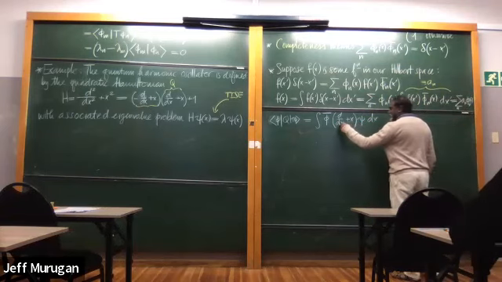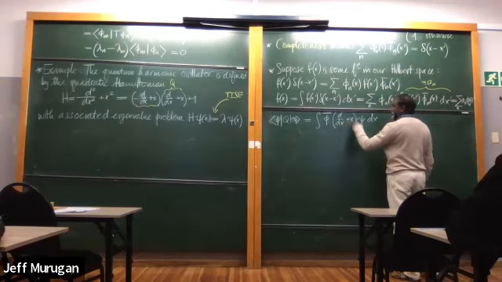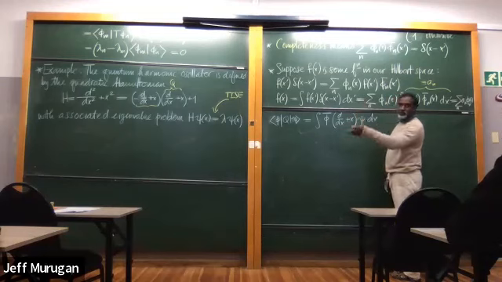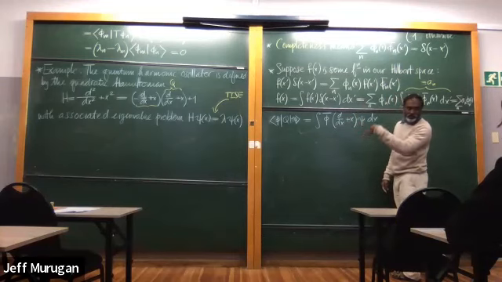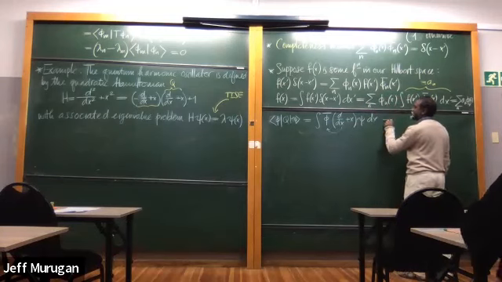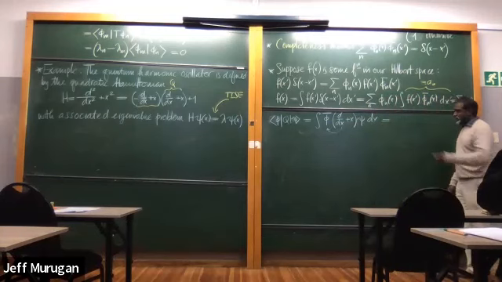Okay. Now take this guy, acting to the right on psi. Integrate by parts, and I'm going to assume that all the boundary conditions are met so that I can ignore the boundary. Down here, I want to throw the derivative onto phi bar.